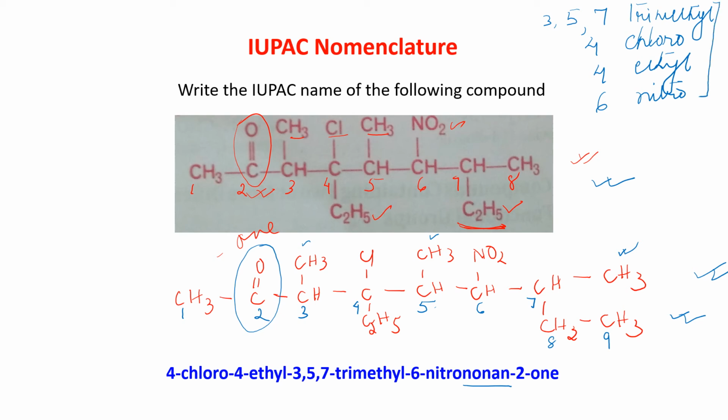So C comes first, so the first is 4-chloro, then E comes, so it is 4-ethyl, then M comes, so it is 3,5,7-trimethyl, then 6-nitro, nonene, and the second position one, so 2-one. Is it okay?